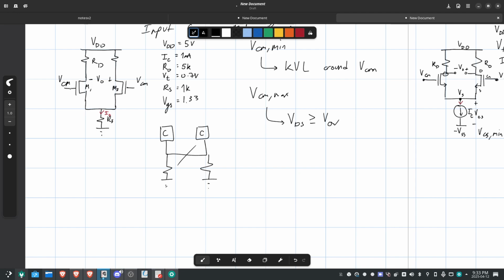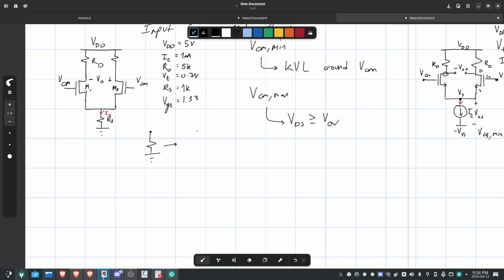Now we have a problem that we have this resistor connected to ground. How do we get rid of that? We double it up. I solved this in the study hall, but I'll solve it again for you.